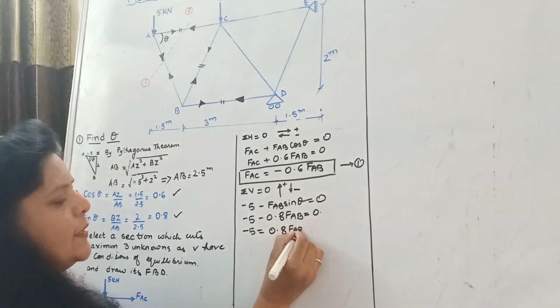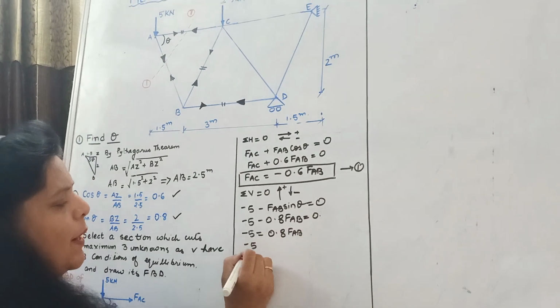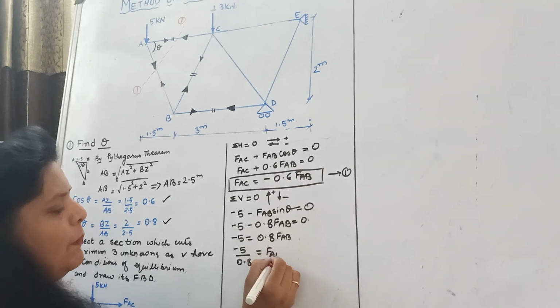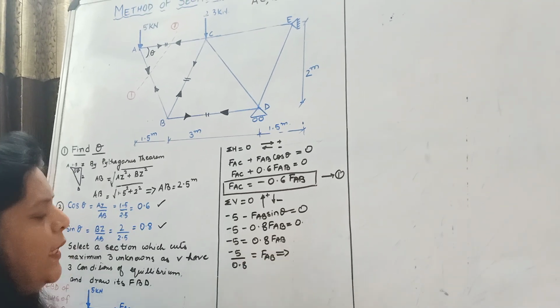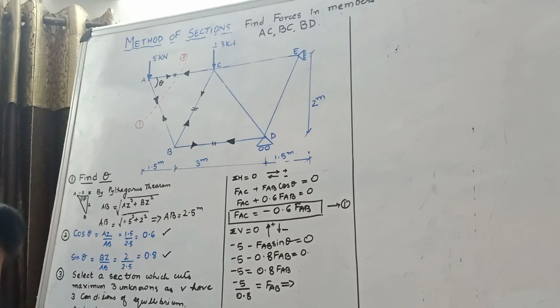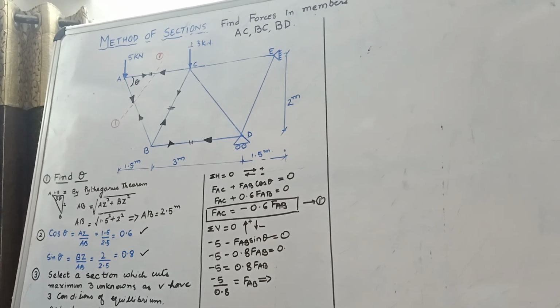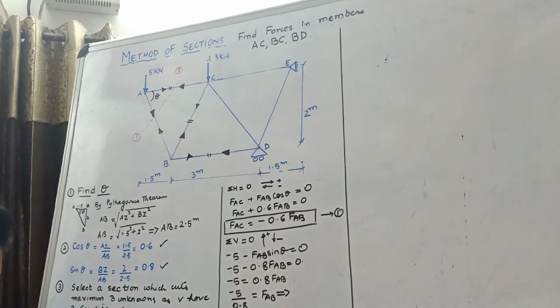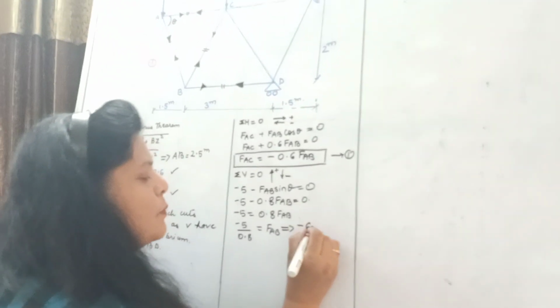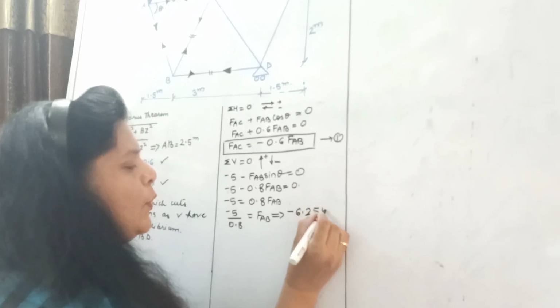If it goes to the right side, it becomes positive. So minus 5 divided by 0.8 is equal to FAB. What do we get FAB equal to? We get FAB equal to minus 6.25 kilonewton.